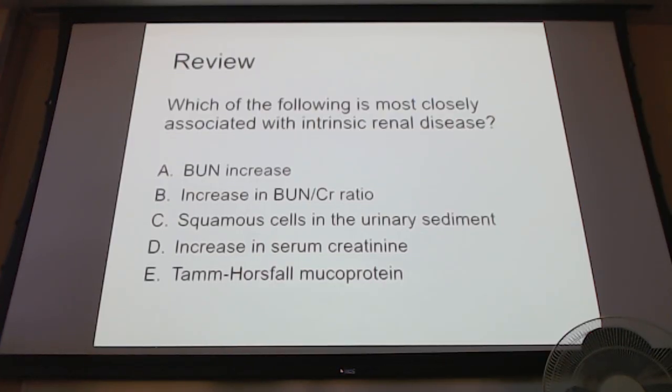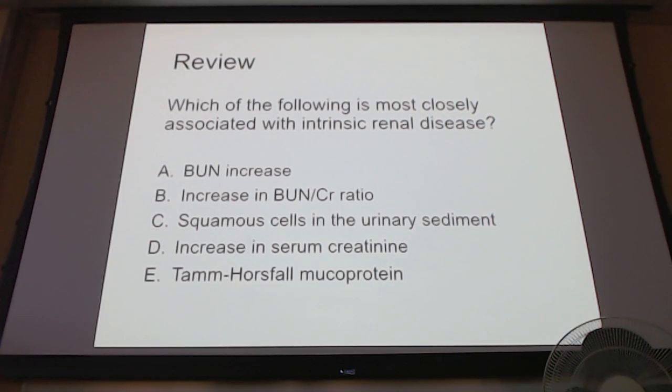Up to 150 milligrams per day of protein on a 24-hour urine collection is normal, and the most predominant constituent is Tamm-Horsfall mucoprotein or uromodulin, same thing. And it's actually protective. It helps prevent stone formation, among other things.